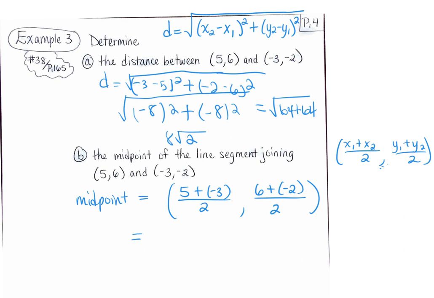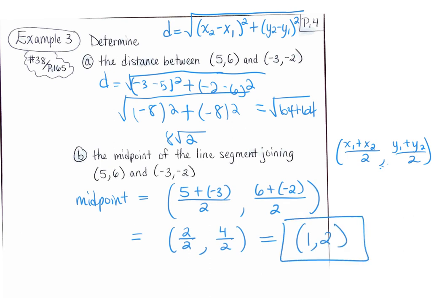That's equal to 2 over 2, comma, 4 over 2. Simplify, and we get 1, comma 2. Excellent. That's your midpoint. Questions? Okay. That is 3.1.